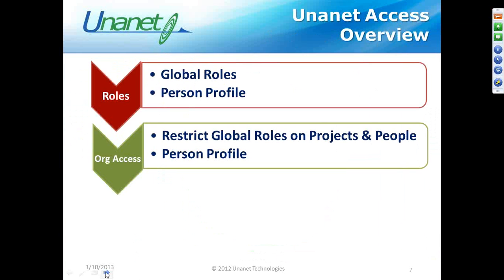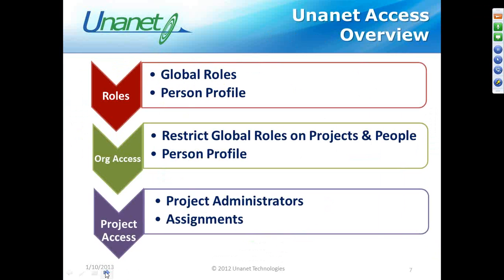Then there's the organization access, also found in the person profile, but it's the next level of access to information. Just because someone is a project manager doesn't mean that they're a project manager on all projects or should have access to all the people. So in the Organization Access tab, you then give access or restrict access to which projects and which person organizations a project manager has access to.